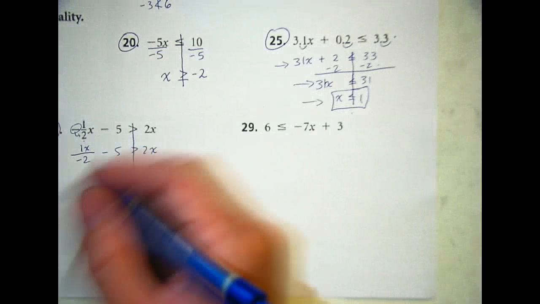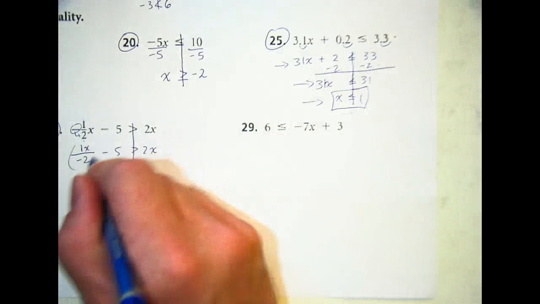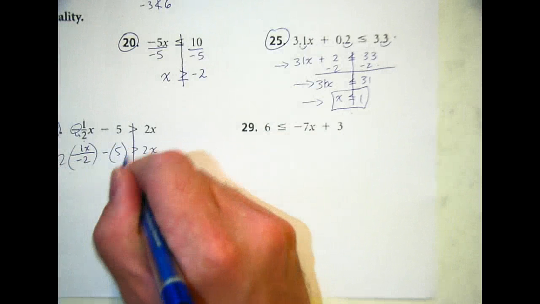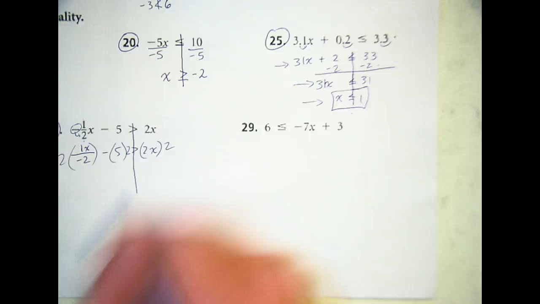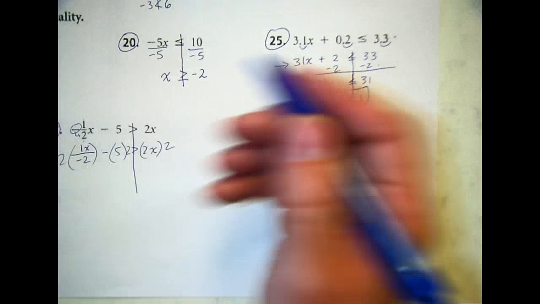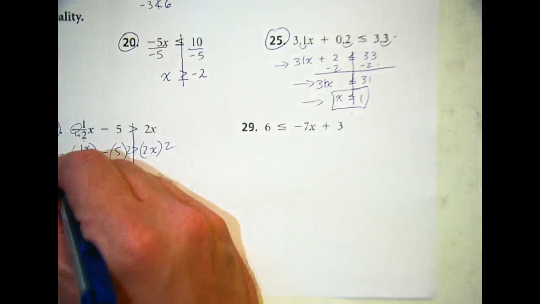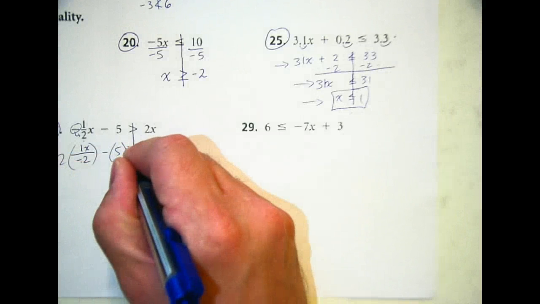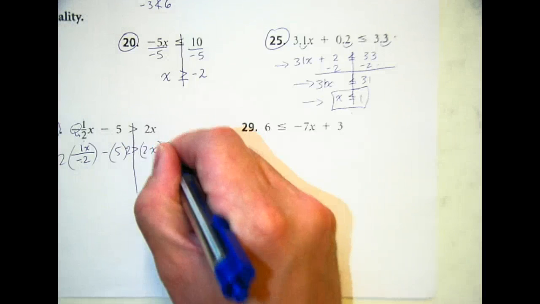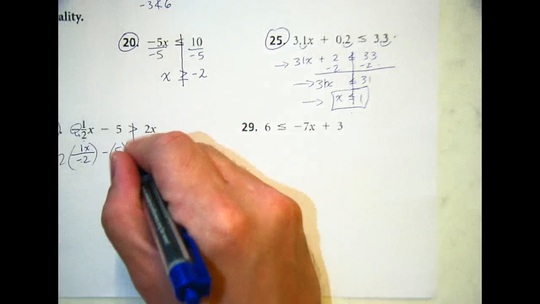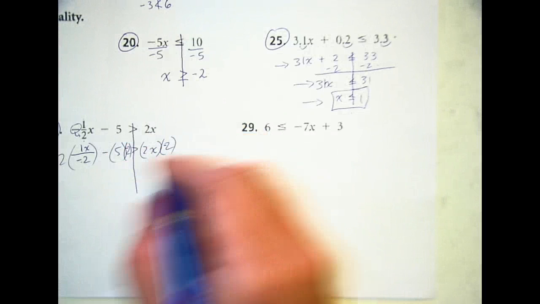Okay? And I'm going to get rid of that whole fraction by multiplying every term by 2. That by 2, that by 2, and that by 2. What happens then is it's going to get rid of this fraction. And if I multiplied it by negative 2, it'll get rid of the negative at the same time. Okay? So in this case, if I multiply by negative 2, it's going to get rid of that negative.